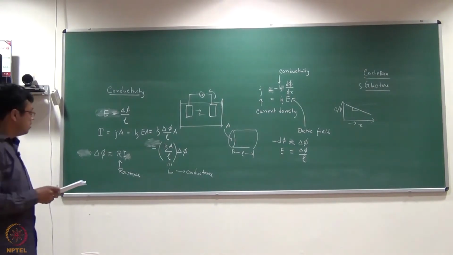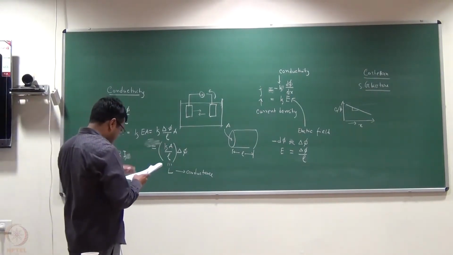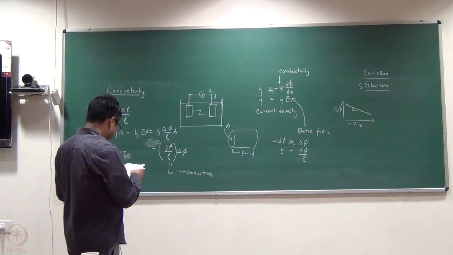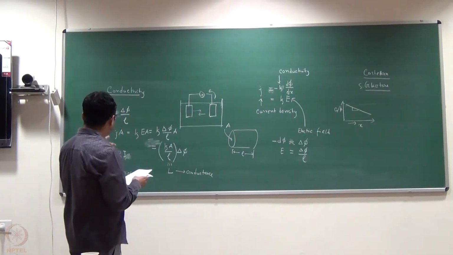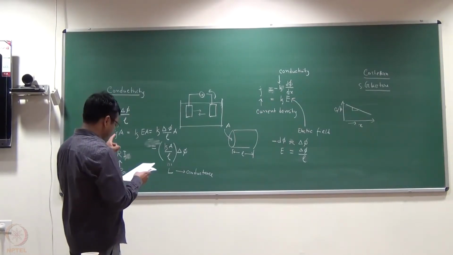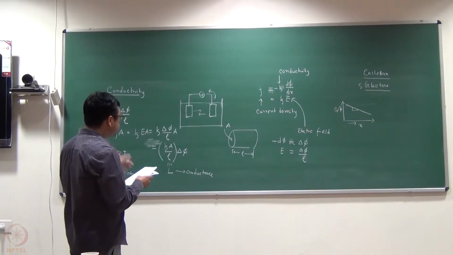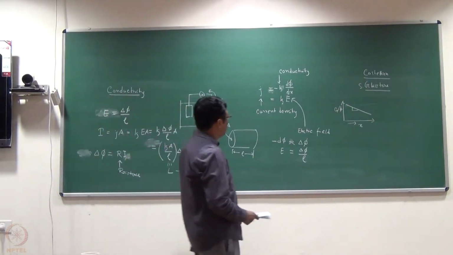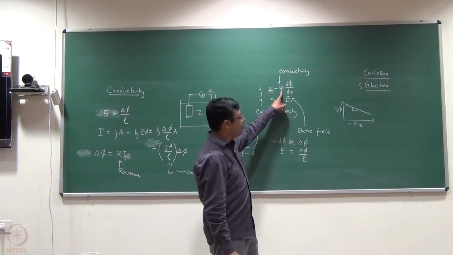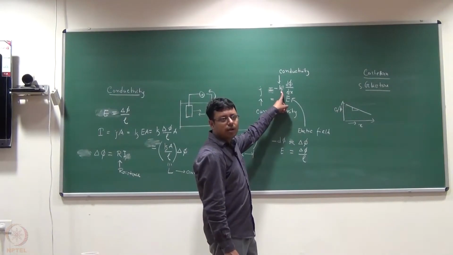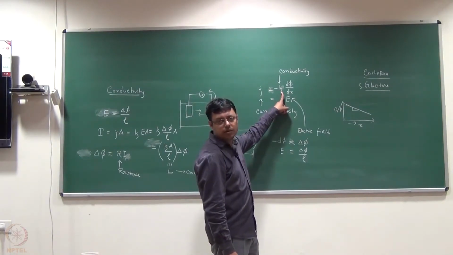Then we can discuss the units in a minute. Just follow the same notation. Alternatively, just like we wrote conductivity, we could have defined the inverse of conductivity, which is known as resistivity.